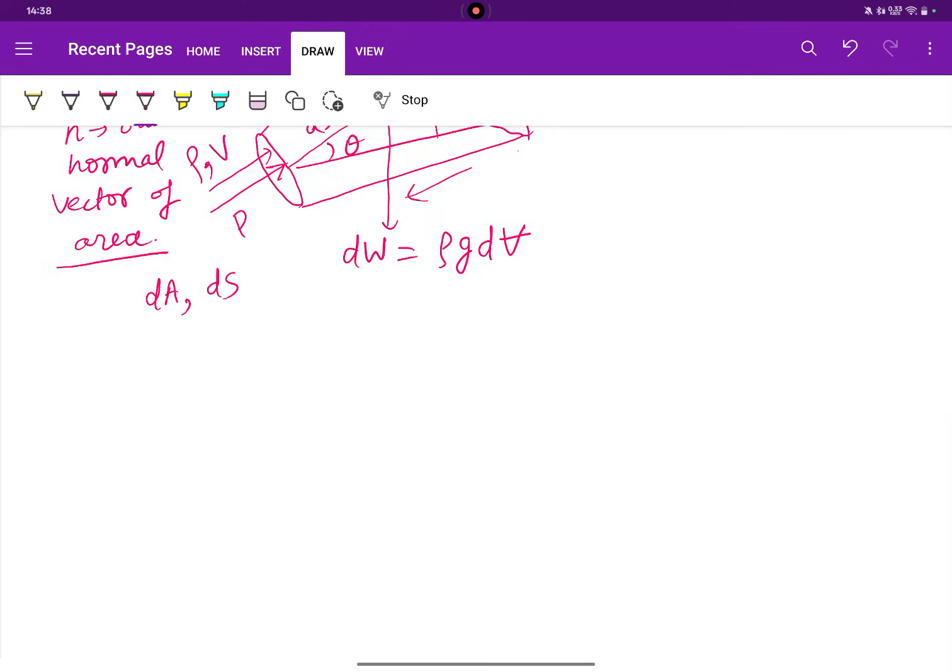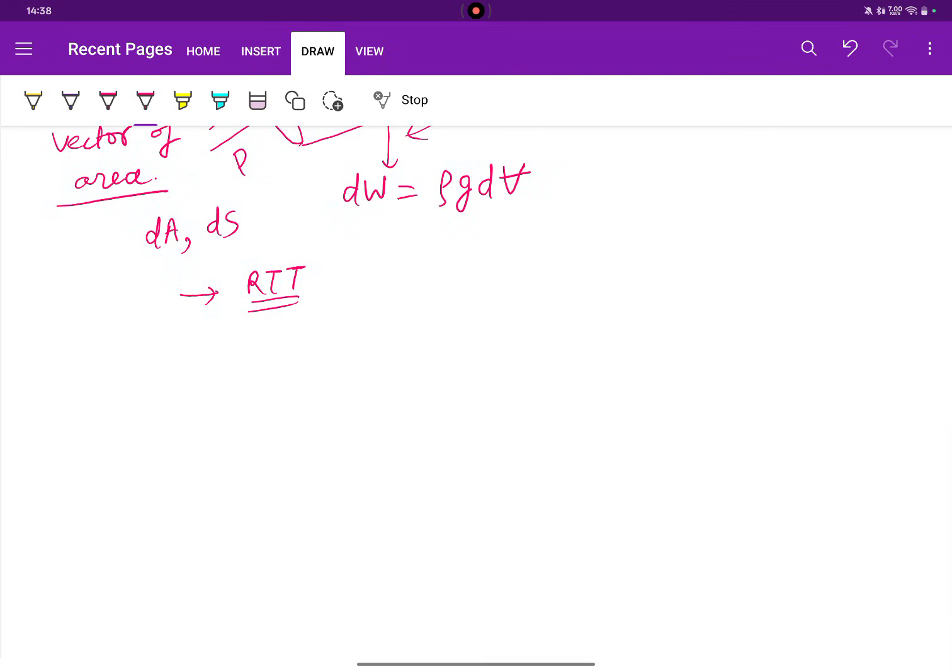So the first thing we will do is apply the Reynolds transport theorem, let me just write it down. You can go back to my previous video and understand.